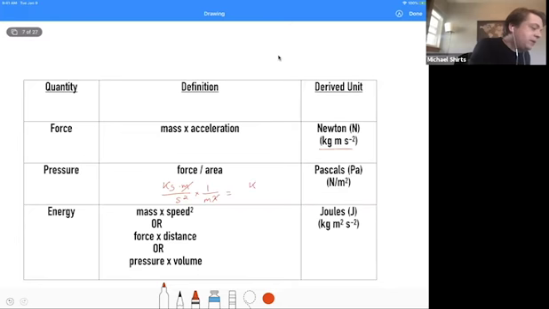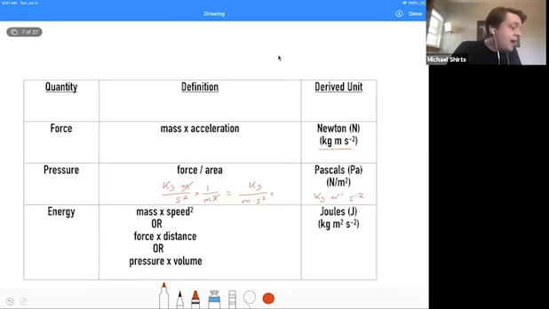And so we get kilograms per meter second squared, or we could write that as kilograms inverse meters inverse seconds squared. So yeah, let's write that right here again. Kilograms inverse meters inverse second squared.